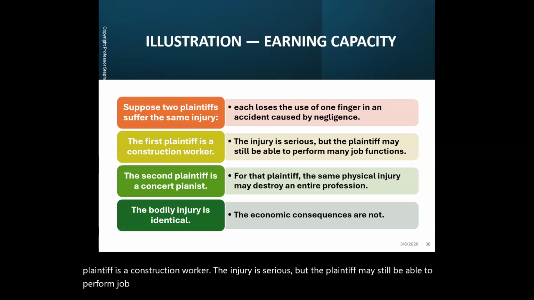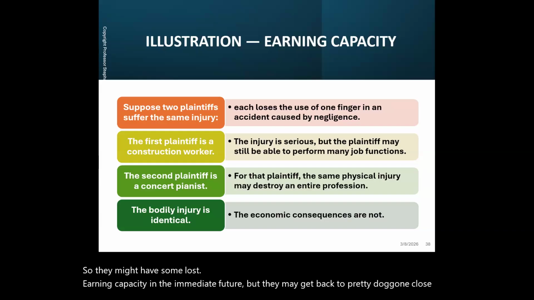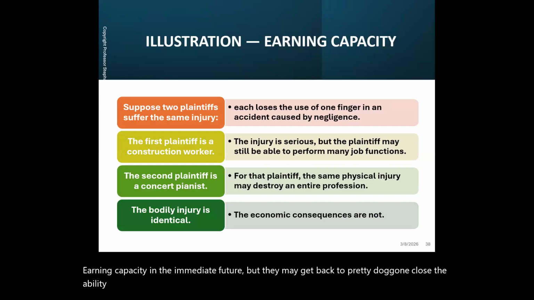Once they've healed, once they've recovered, once they've done rehab, once they've retrained, right? So they might have some lost earning capacity in the immediate future, but they may get back to pretty doggone close the ability, the capacity to earn a living in the way that they had earned it before the defendant's negligence caused them harm, right?